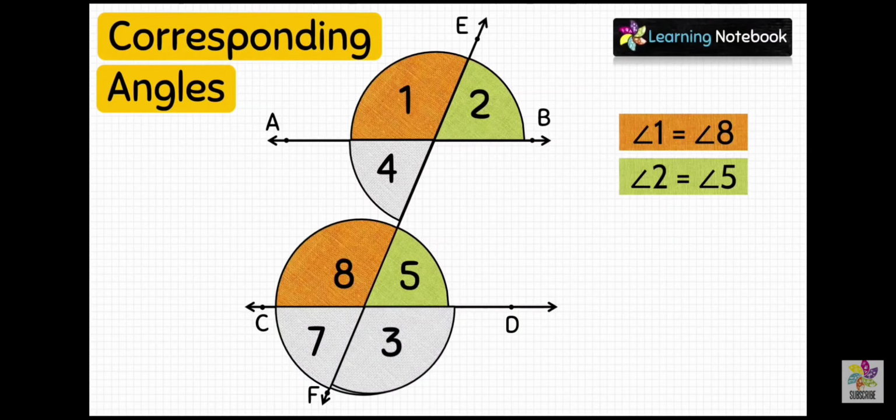Again, we find that angle 3 completely covers angle 8. So, it means the second pair of alternate interior angles are also equal. So, students, we have proved that the pair of alternate interior angles made by transversal are equal.